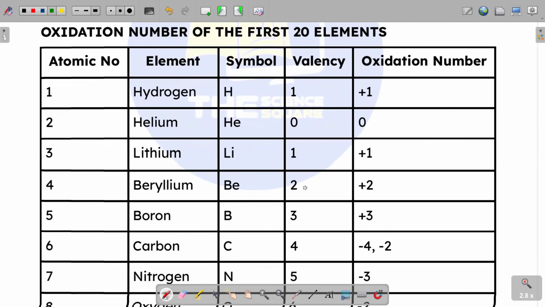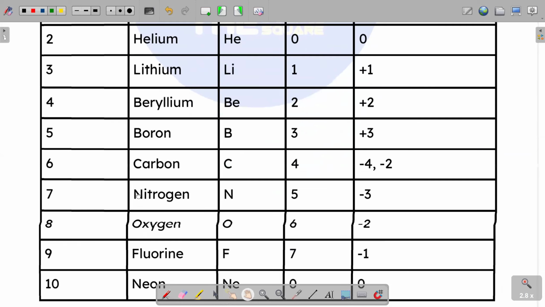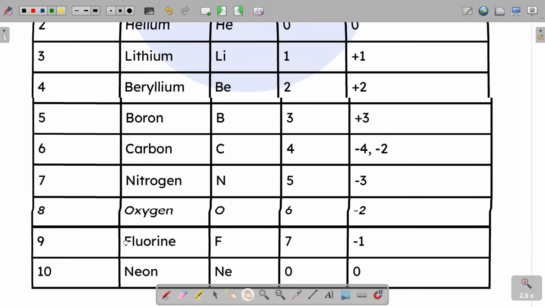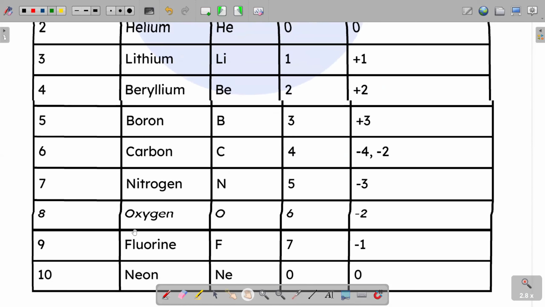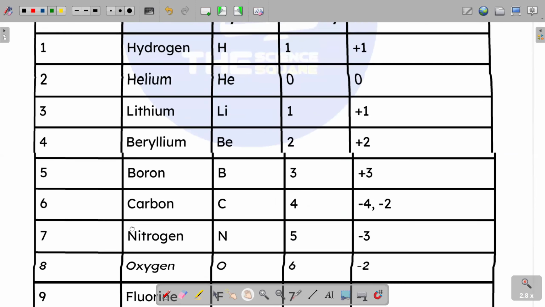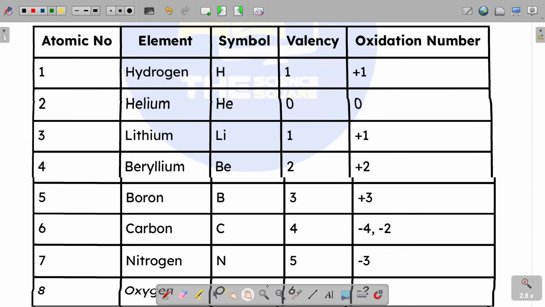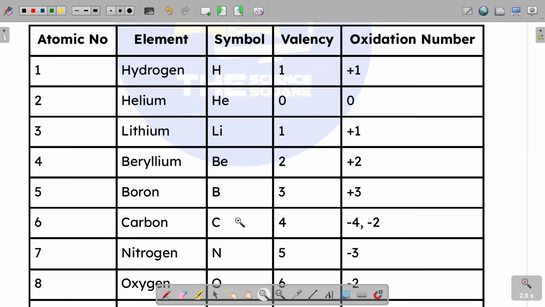Also observe that the oxidation state of helium and its family is 0. Helium, neon, argon have an oxidation state of 0, because at ordinary conditions they tend not to combine.